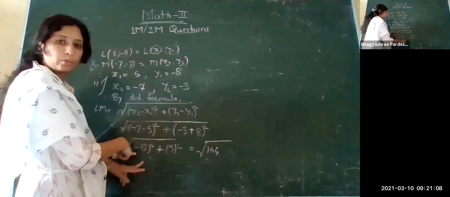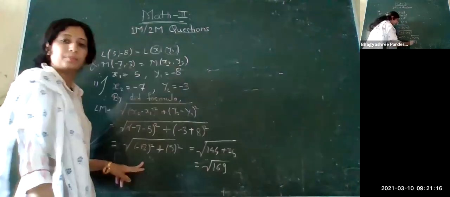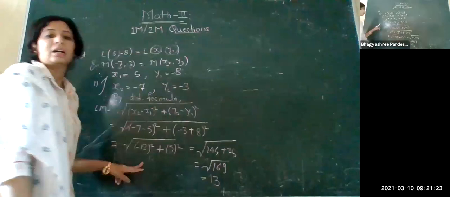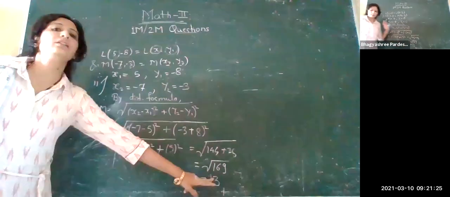Minus 12 square, minus square is plus, 12 square is 144. 5 square is 25, which is equal to 169. 169 is the perfect square of 13. So when it comes outside of the square root, we get 13. And that is the distance between the 2 points L and N.